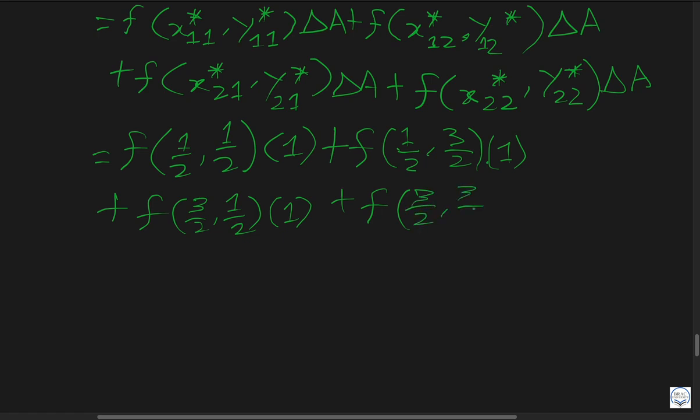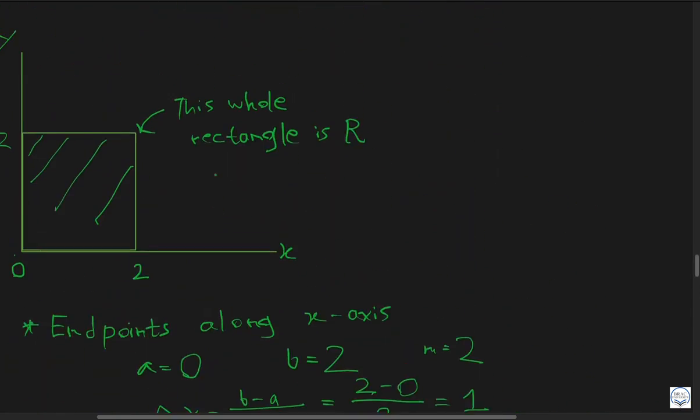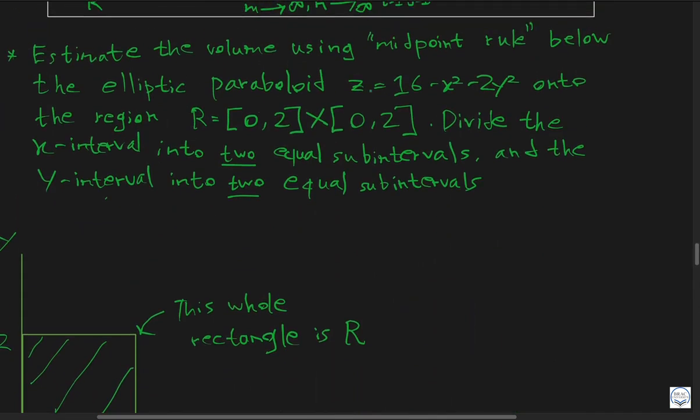Similarly, the last one will be the R22 region. Here is the R22 region. Here both x22 star and y22 star are 3 by 2. Here we just write down delta A.